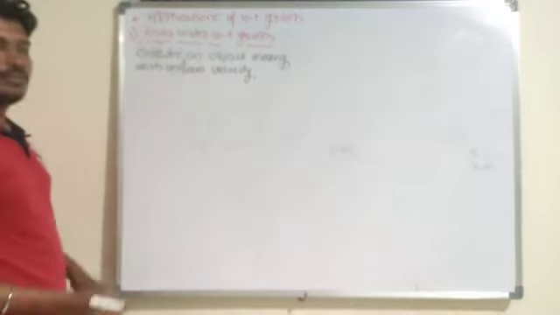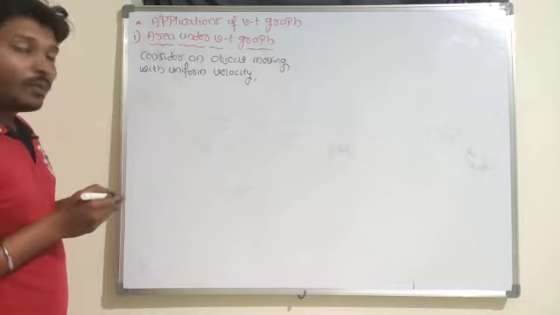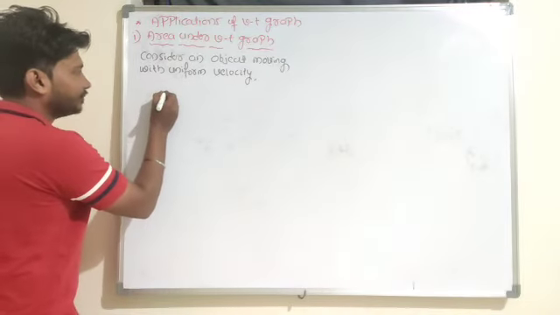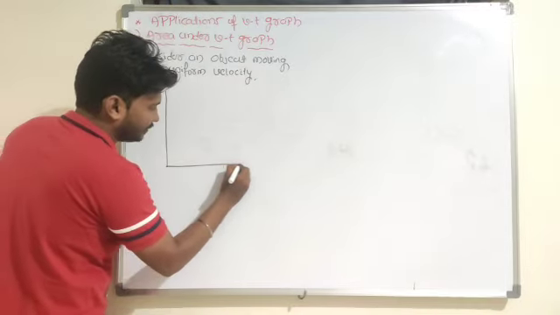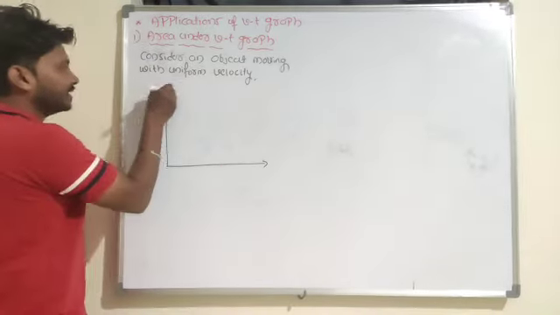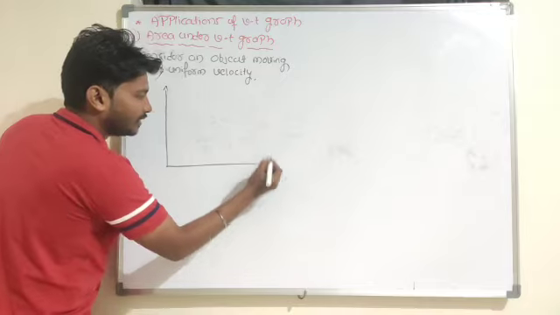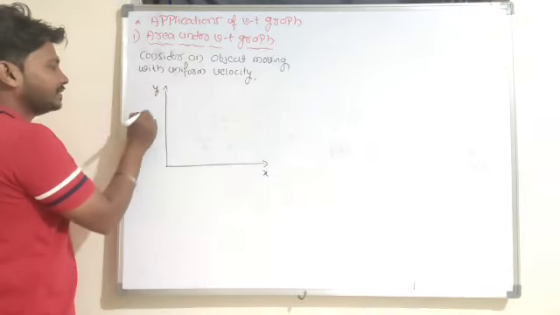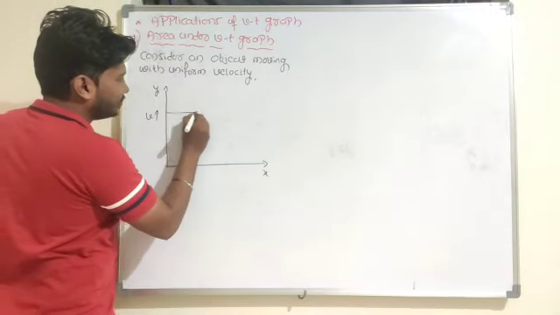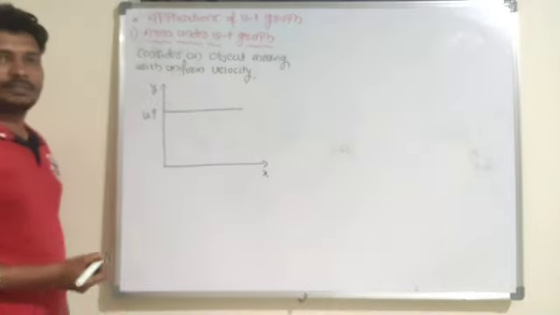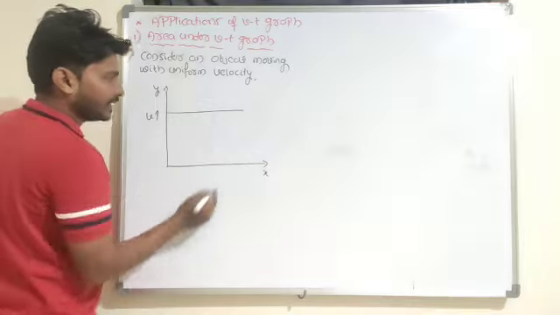What is the nature of the graph for this situation? If the object is moving with uniform velocity, the graph is a straight line parallel to the x-axis, with time along the x-axis and velocity along the y-axis.